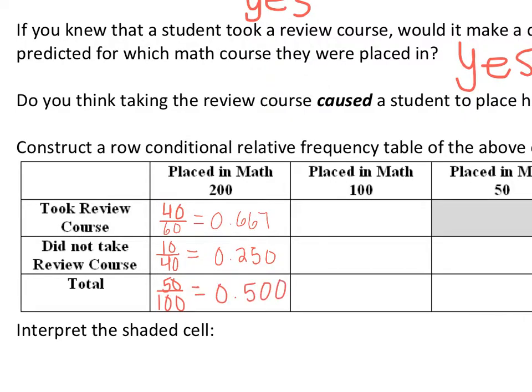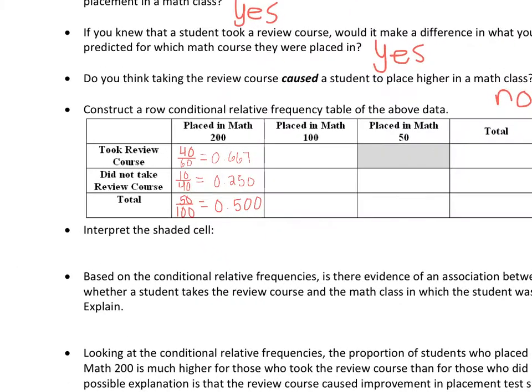And again, round to the nearest thousandths place. Go ahead and finish that table. And then for the next section, I want you to interpret the shaded cell. And then again, answer a couple questions on these frequencies.